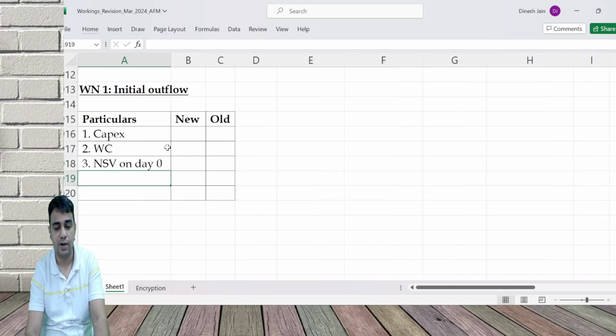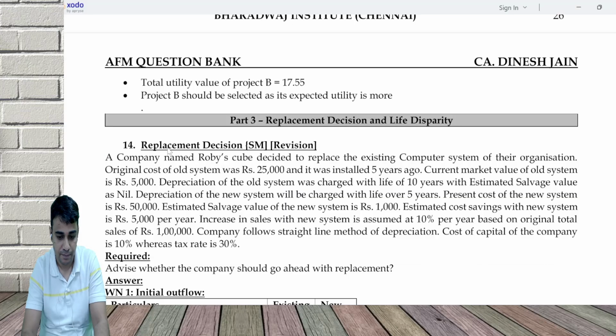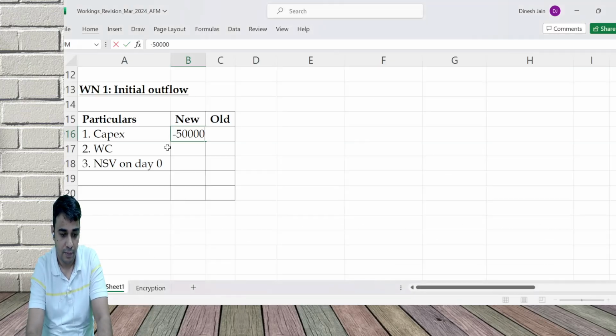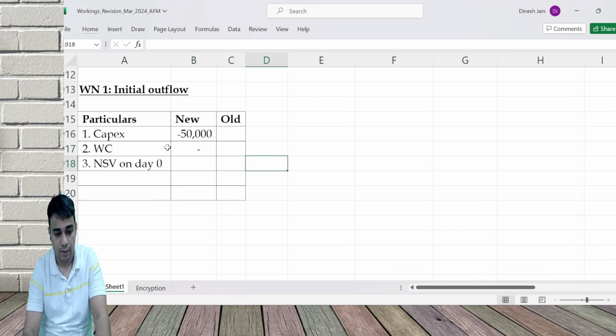Today we are analyzing NSV on day zero for the old machine. Read question and tell me what is the capital expenditure of the new machine. Any working capital data given? No working capital.